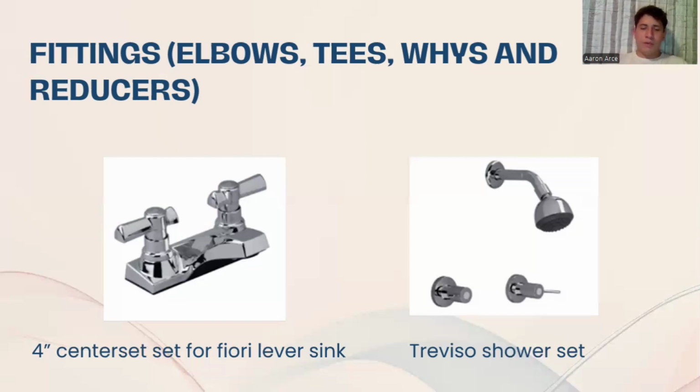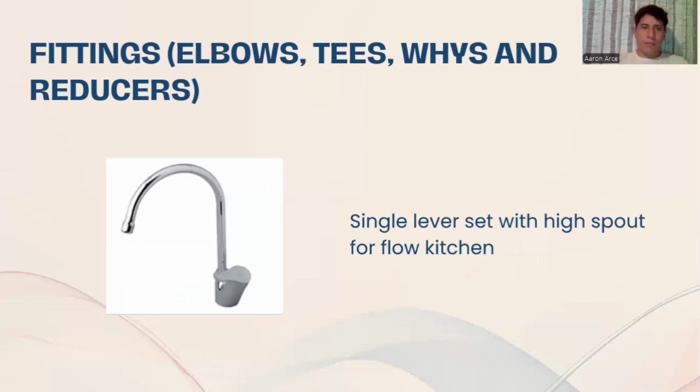The installation is more similar. You finally test the thermostat valves, adjusting water temperatures and pressures to make sure they work properly. For example, a single lever set with a high spout for the kitchen flows.